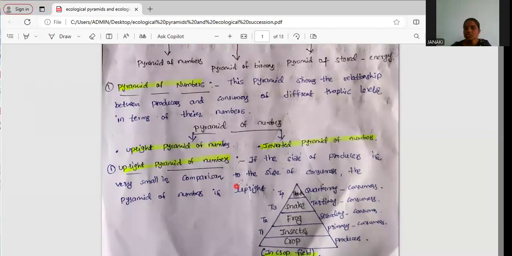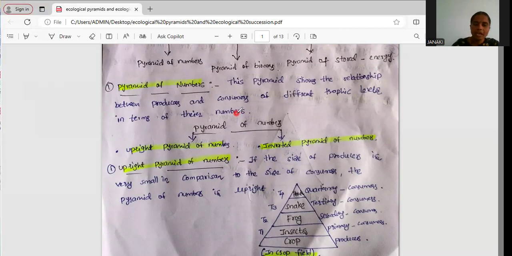This pyramid shows the relationship between producers and consumers of different trophic levels in terms of their numbers. The grassland ecosystem, for example, denotes the relationship between population and density of organisms in a food chain.